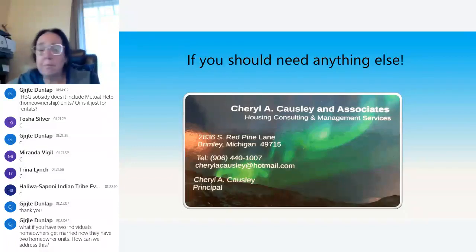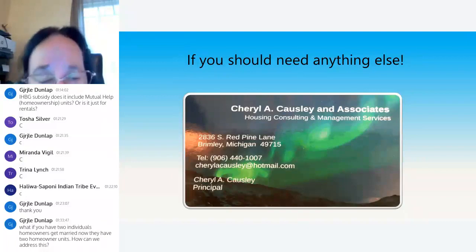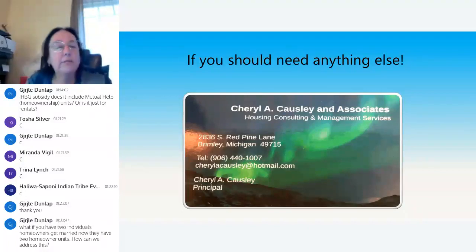For your information about the 2 individual homeowners, I would suggest that you have a meeting with either your board of commissioners or your council. Ask them how they want to address that, and invite them in to speak to your executive director. And perhaps, I don't know if you buy home ownership units, but purchase them back and put one of them back into the program.